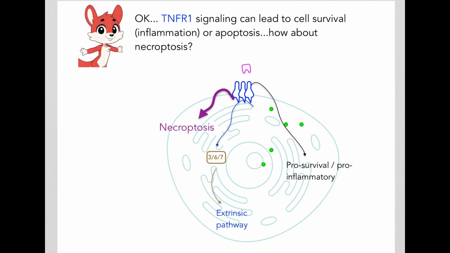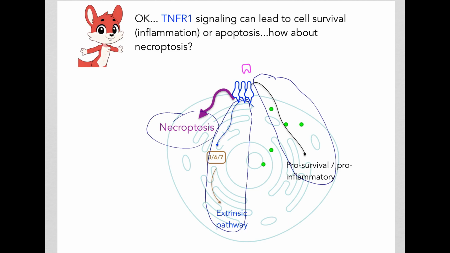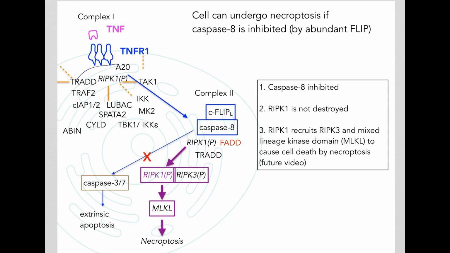So far we have seen how TNFR can lead to cell survival, and we just saw how TNFR can lead to the extrinsic pathway of apoptosis. So what about necroptosis? How is this pathway triggered? Here we have the cell survival program.